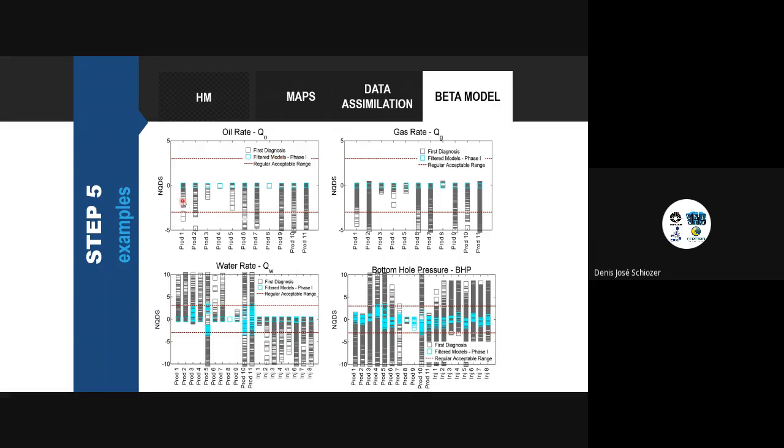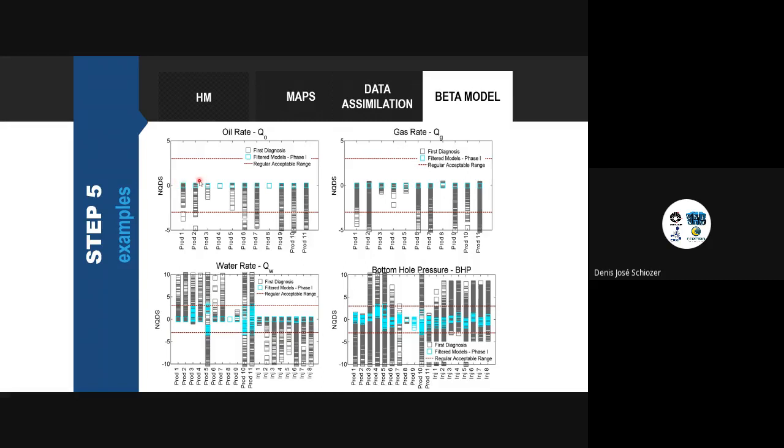For example, this point here is inside the tolerance range, and this model has a good result for production 1, but maybe it is not good for production 2, or not good for production 10, or injector 5, and so on. So only the models that have good results for all the indicators, all the wells and seismic 4D, are selected to represent your future.